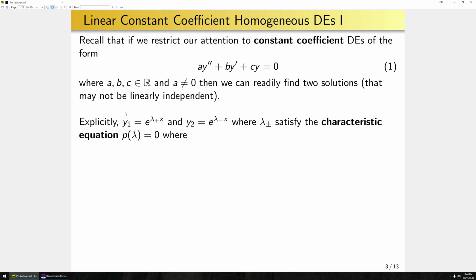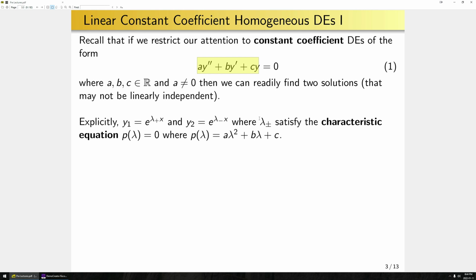Explicitly, these two solutions were y1 and y2 of the form e to the lambda plus or minus times x, where lambda plus or minus satisfies this characteristic equation, where this polynomial p of lambda is found by taking this thing here and replacing the various derivatives with various powers of lambda.